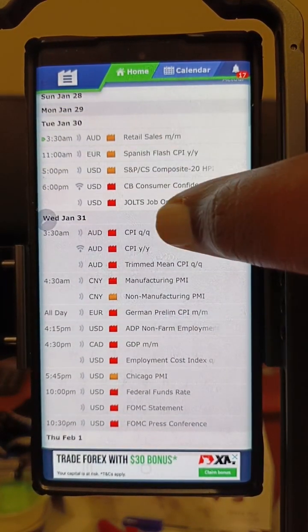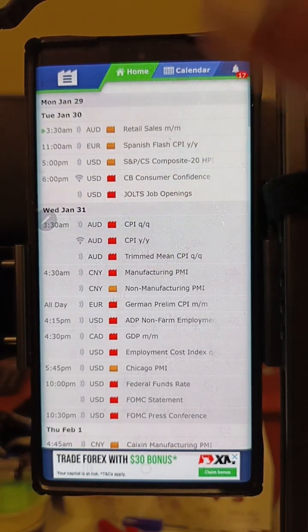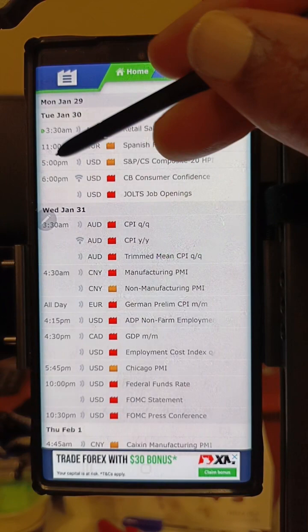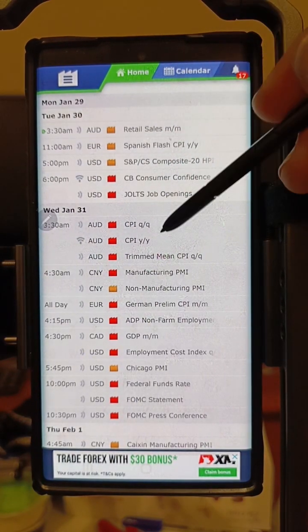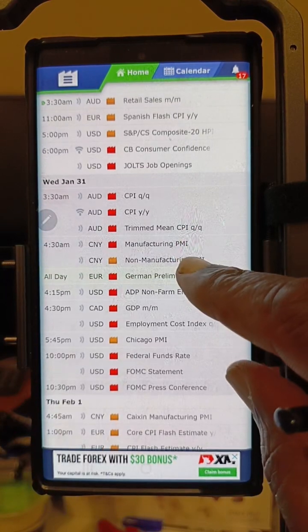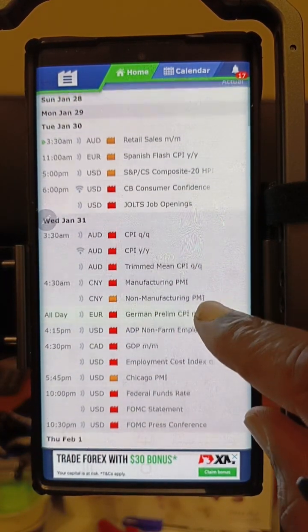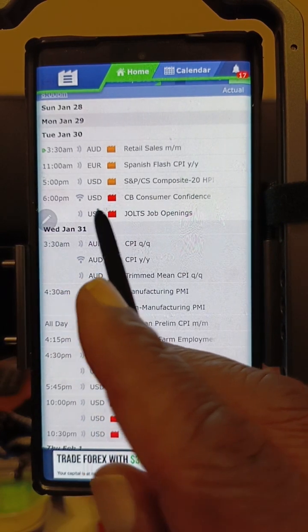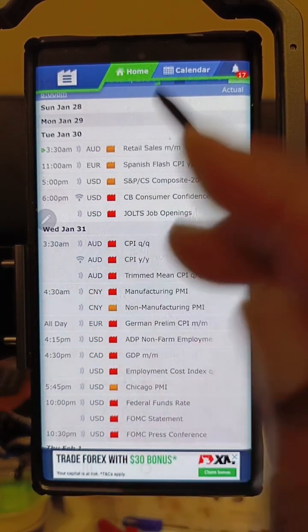So for news coming up, depending on where you are, you've got Forex Factory. You've got some US news coming up on Tuesday. There's nothing for Monday.